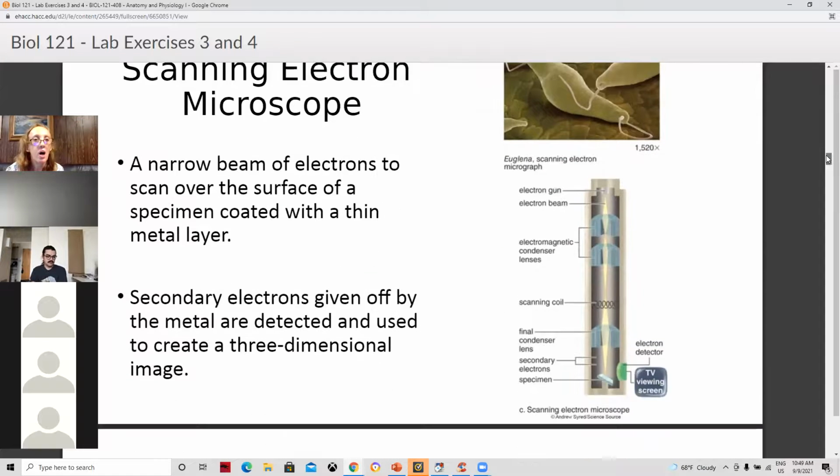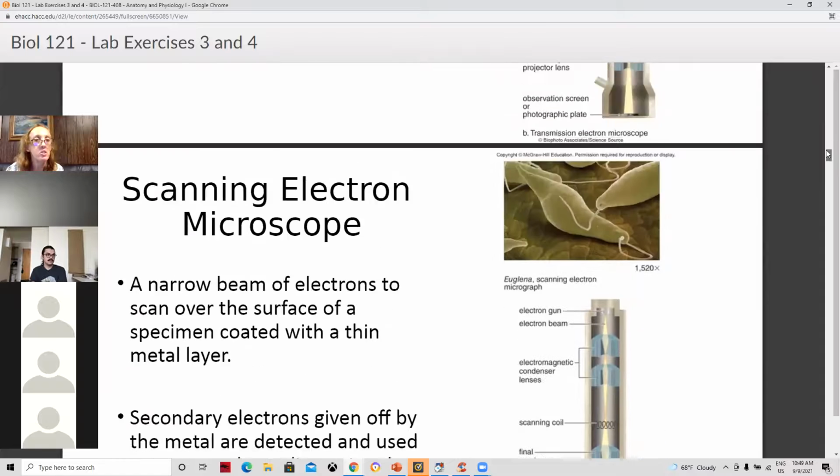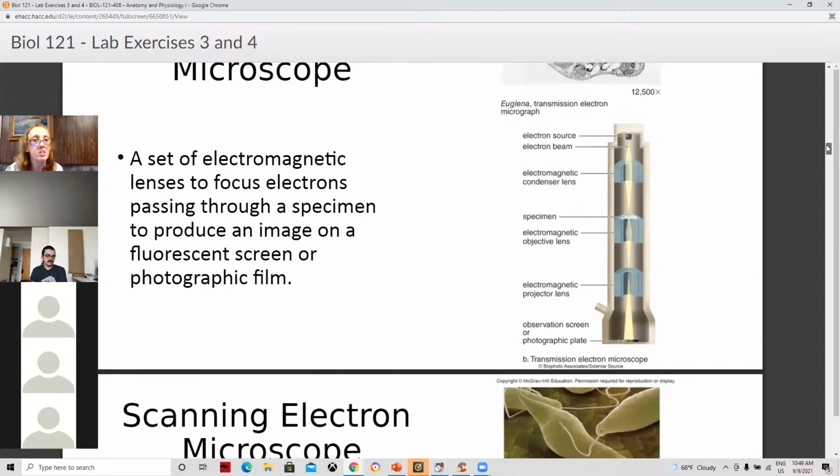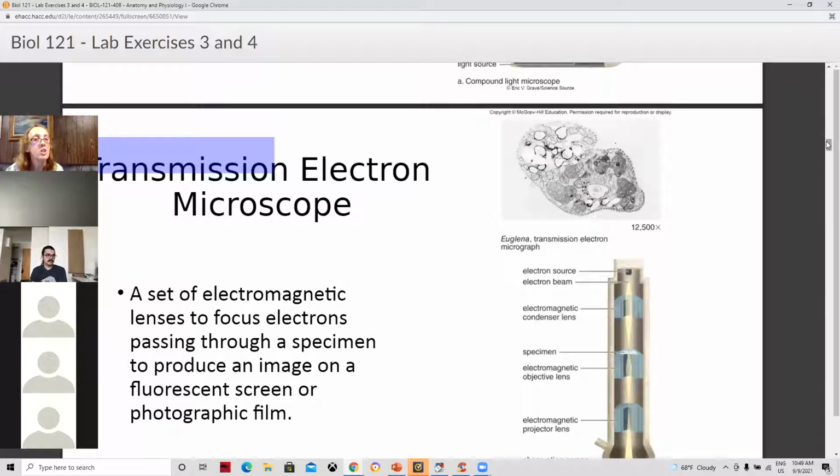Now, a scanning electron microscope, one thing that I'll compare here, transmission. What does it mean to transmit something? If I want to transmit a message to another planet, what do I do? You're sending it. I'm sending it and they receive it on the other end, right? Hopefully they receive it.